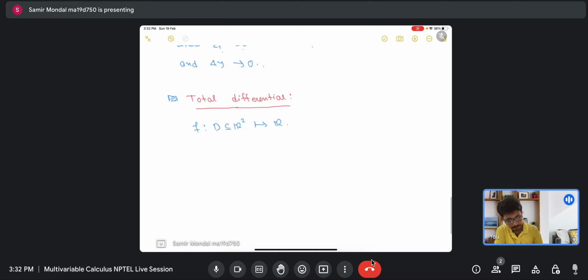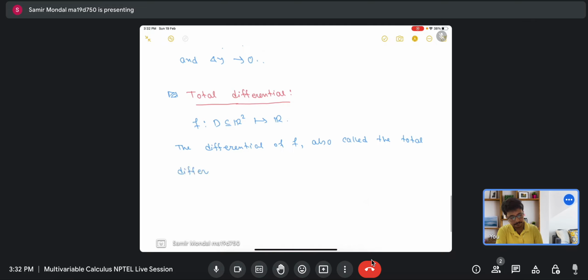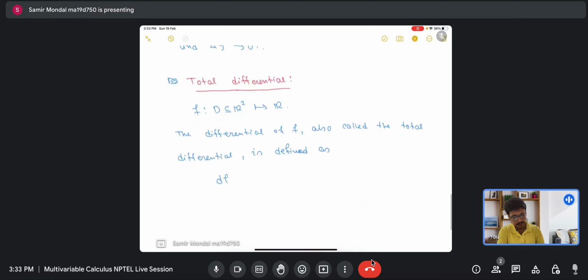The differential of f, also called the total differential, is defined as df equal to f of x comma y dx plus f of y dy.